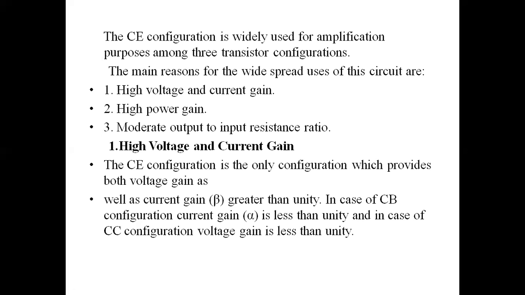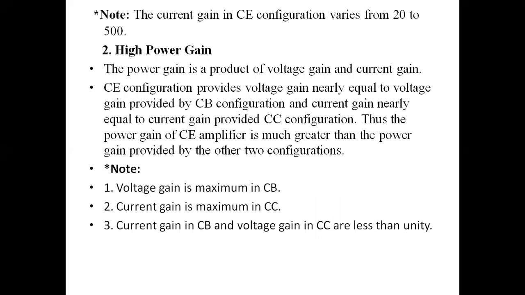In the common collector configuration, the voltage gain is also less than unity. The current gain in the common emitter configuration varies from 20 to 500, which is very high compared to common base and common collector.